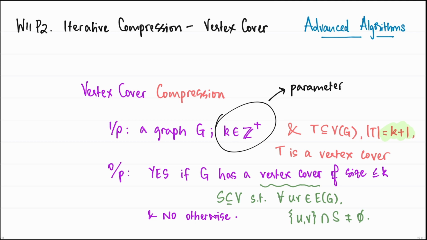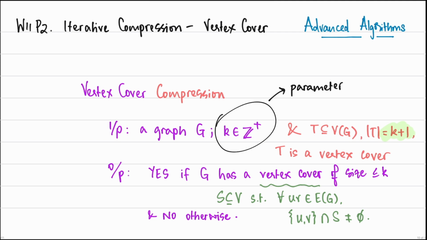But remember that we're not trying to solve the approximation question here. We want to know if there is a vertex cover of size at most k or not. So in some sense, the solution T does not immediately solve our problem, but the question is, is it useful? Can we use it to find a solution of the sort that we actually want?